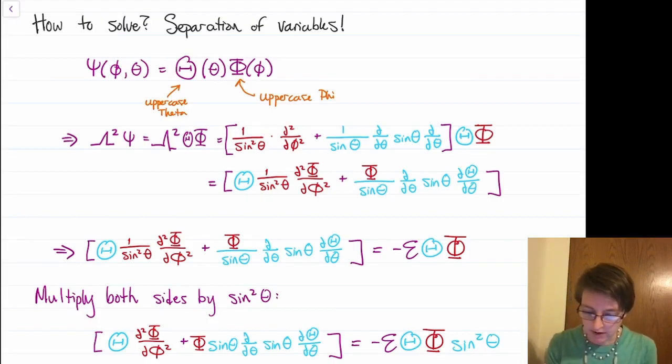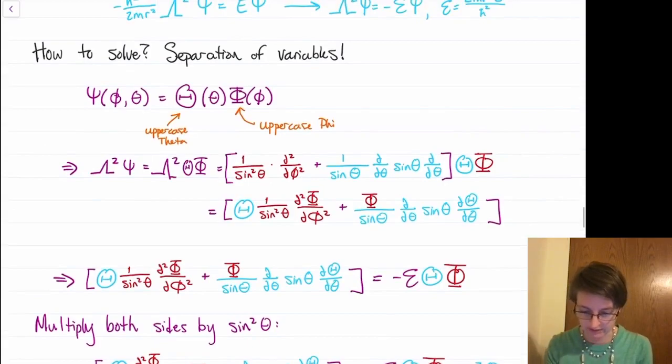Okay, so our separation of variables technique is going to be to say that the wave function we're looking for, which depends on both of my angular coordinates, is some function that I'm going to denote with uppercase Theta, a function that depends on my lowercase theta variable, times another function, uppercase Phi, that depends on my phi variable.